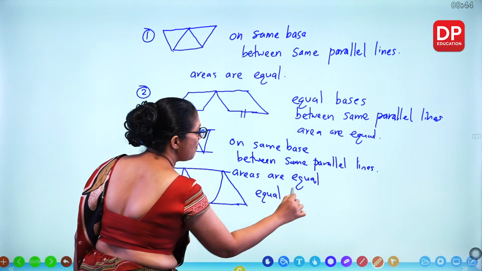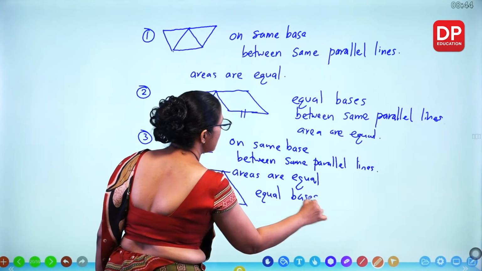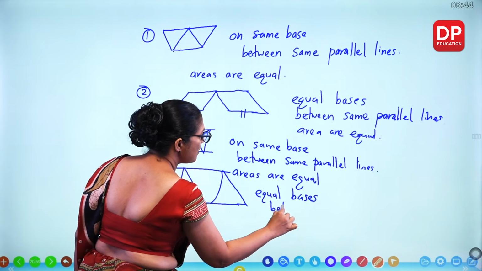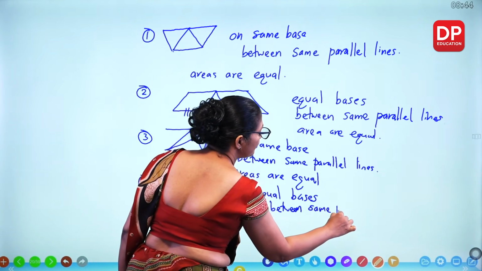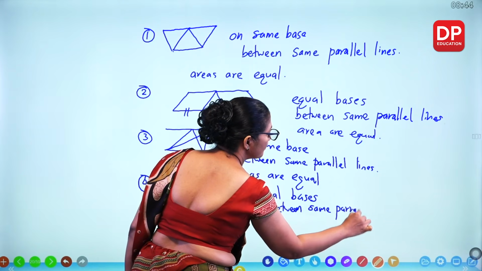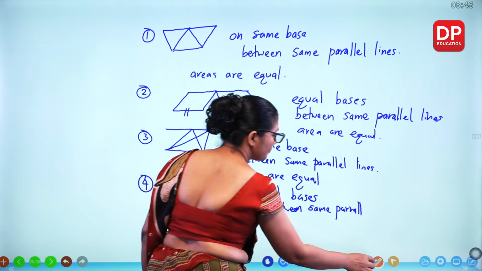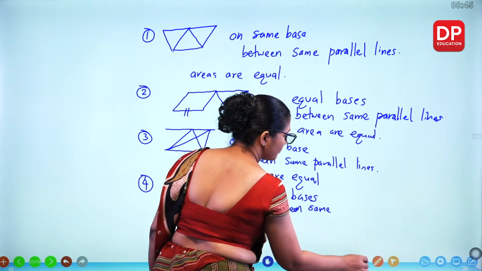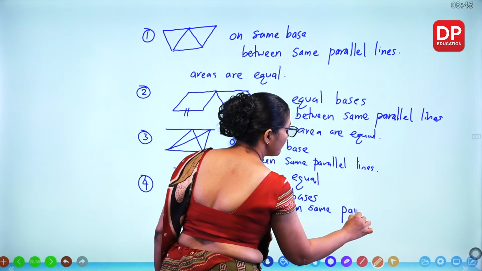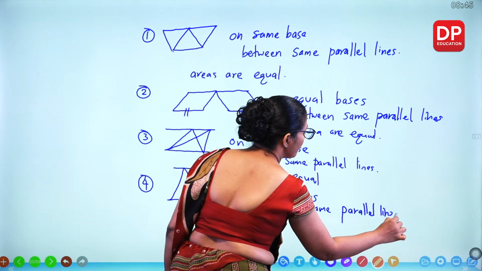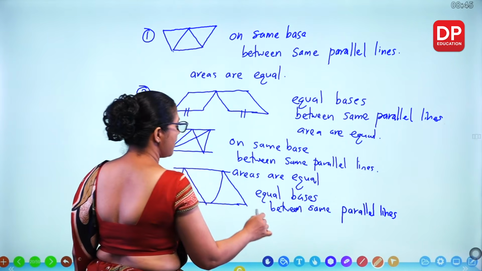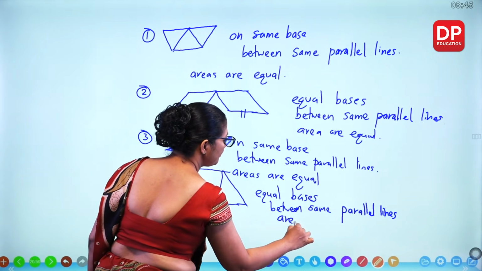Equal bases and also between same parallel lines, areas are equal.